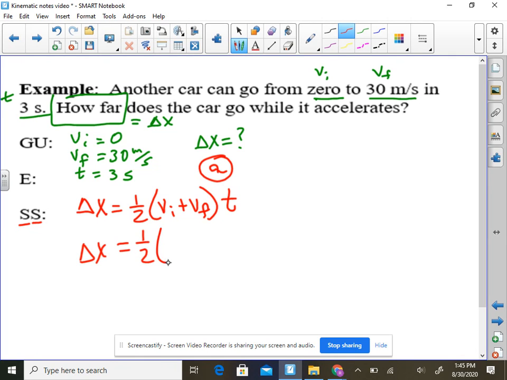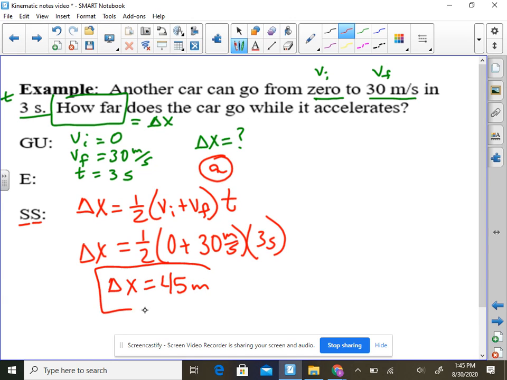Our initial velocity is 0, our final velocity was 30, and this time our time was 3 seconds. And so if we multiply that, we have 1/2 times 30, which is 15, times 3. We get a displacement of 45 meters.